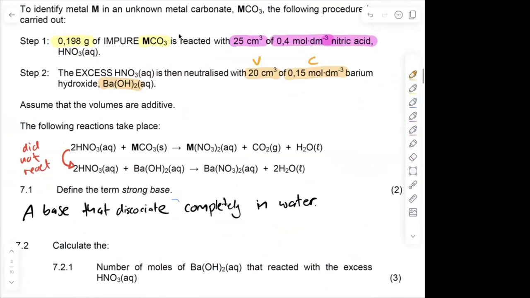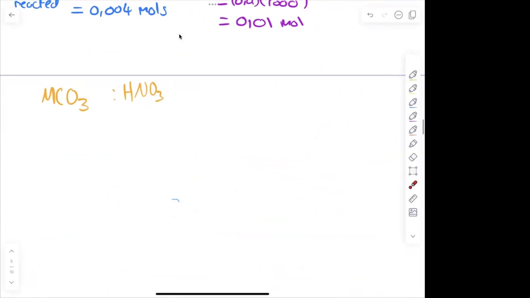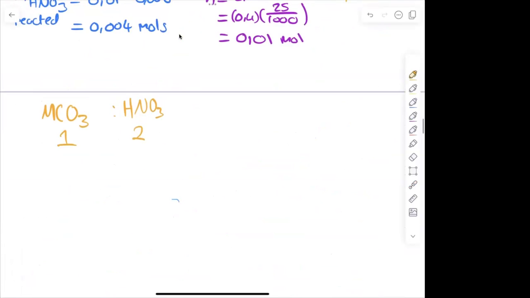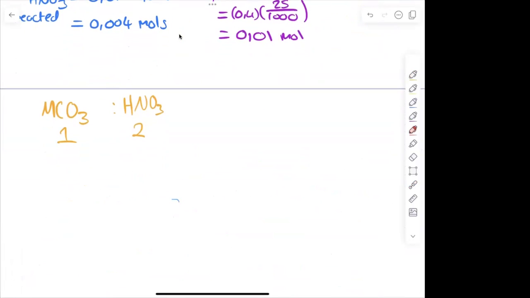So we've seen the HNO3 and MCO3. It's a 2-to-1 ratio, right? Of that, it's 2 to the HNO3 and 1 to the MCO3. We know how much HNO3 reacted, which is going to be 0,004. The MCO3 is going to be x. We've got to figure that out.